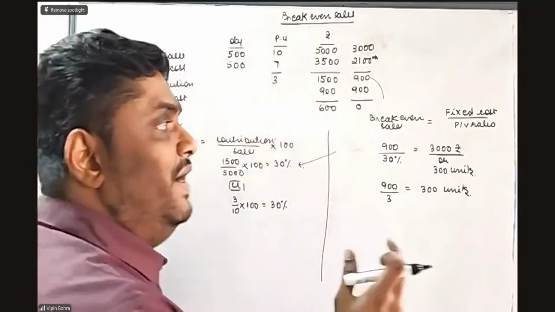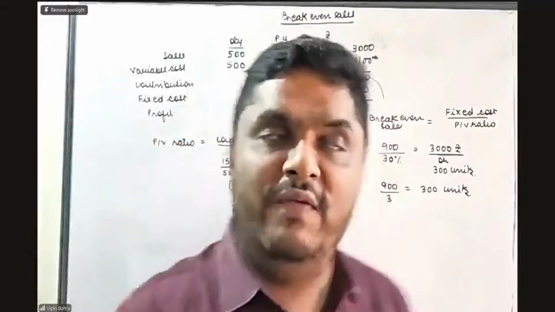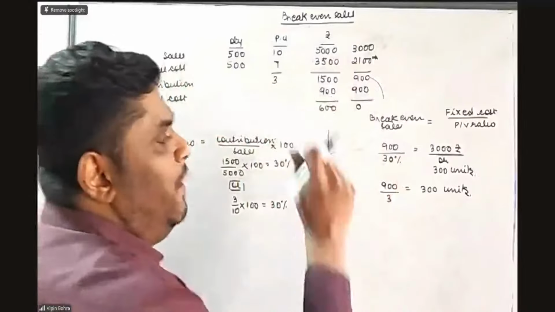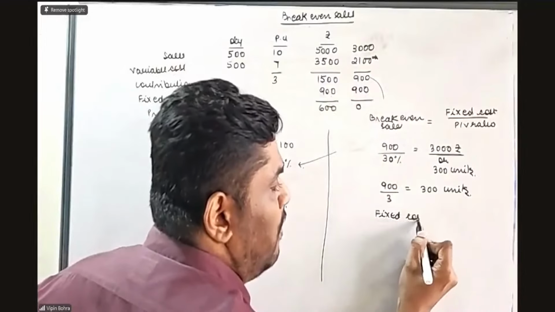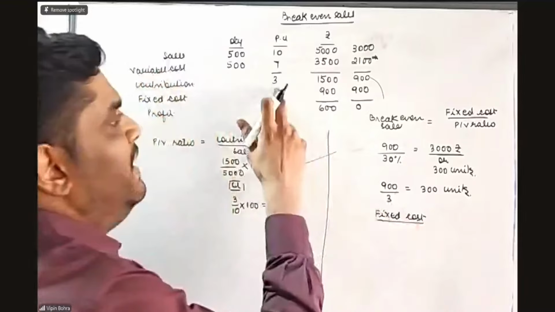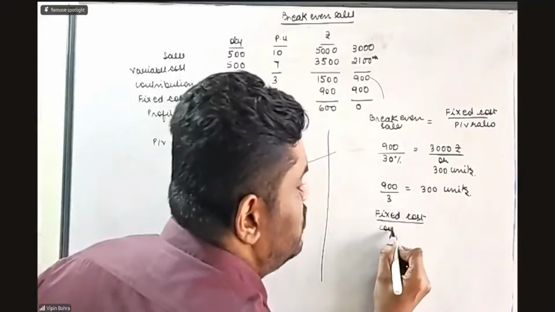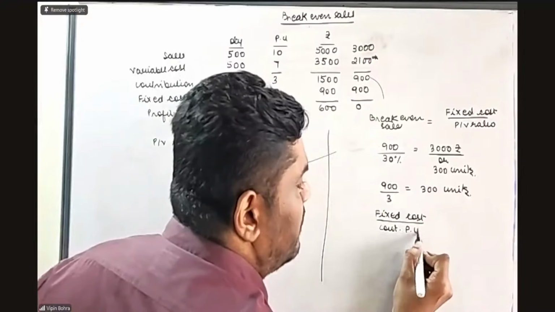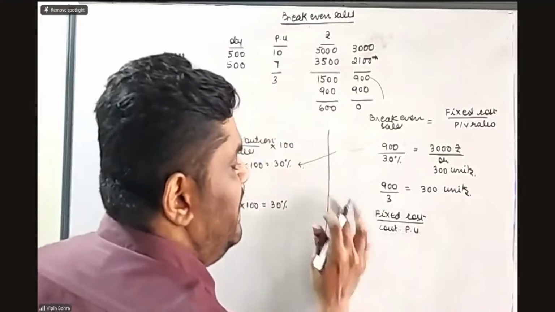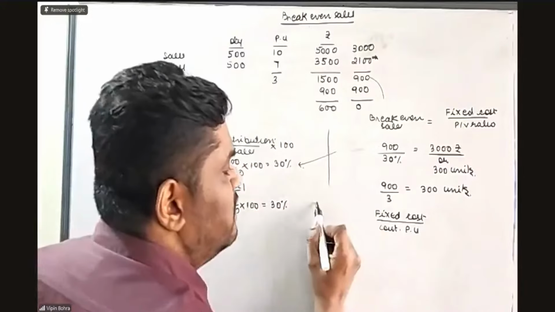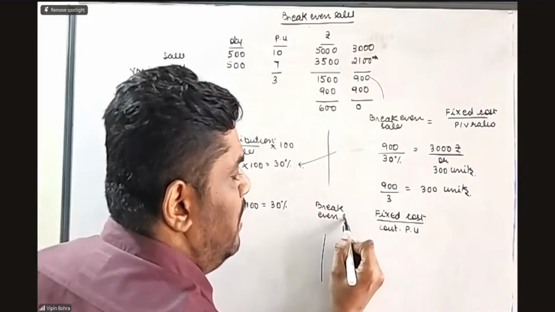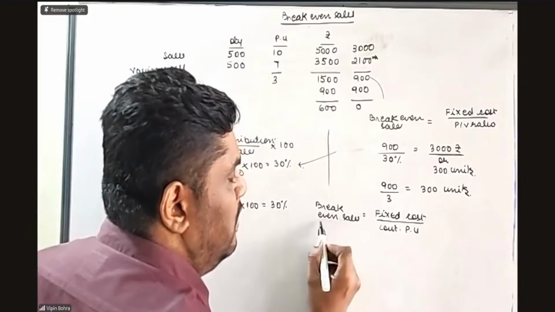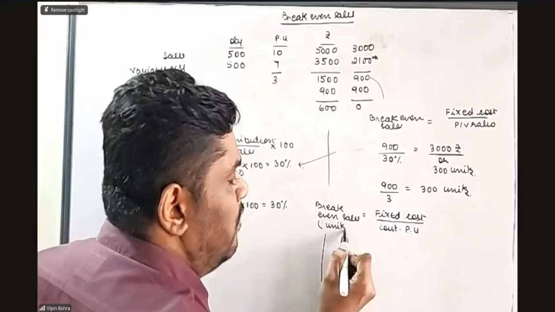So again, when talking about the formula, you can frame the formula now: the amount we have to recover is what? Fixed cost. The per pen I'm recovering is how much? Contribution per unit. So this is my break-even sales in units.